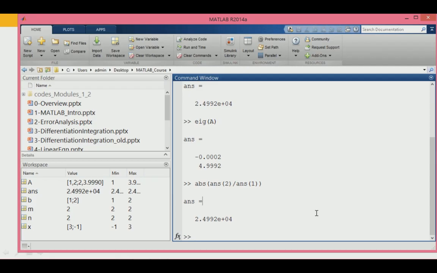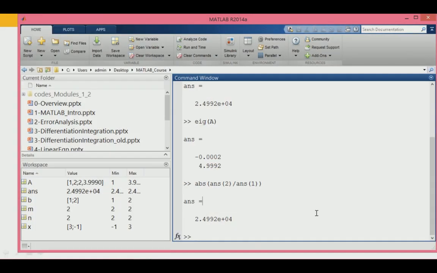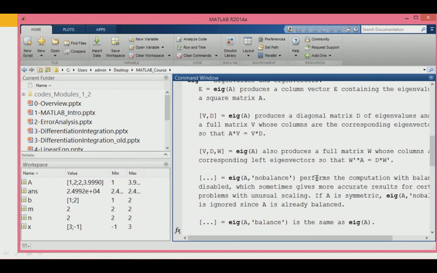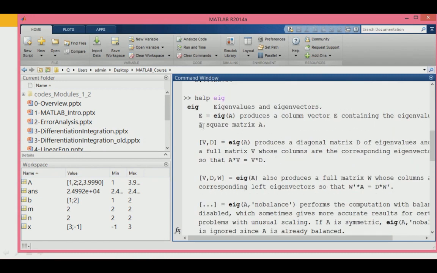So, the MATLAB command COND is for finding condition number of any matrix. The MATLAB command rank is to find out the rank of that particular matrix, and the MATLAB command EIG is the command for finding eigenvalues of that matrix. Now, let us go back and look at what else our eigenvalues command can do. So, I will type help EIG, and so we can see that eigenvalues.